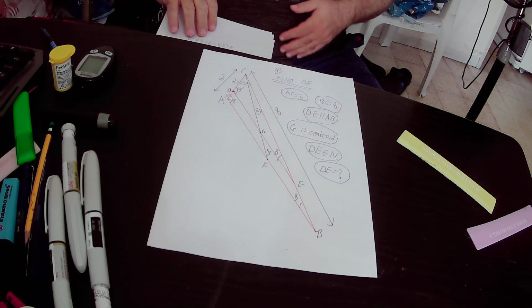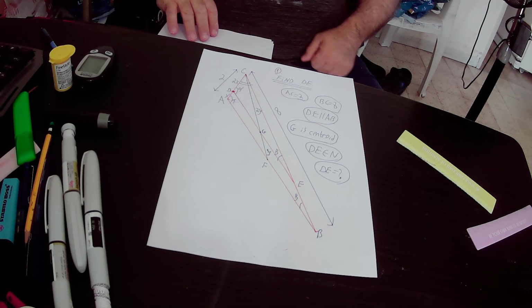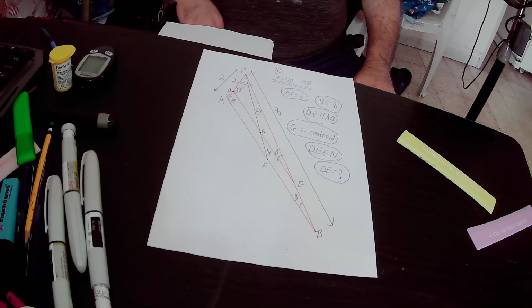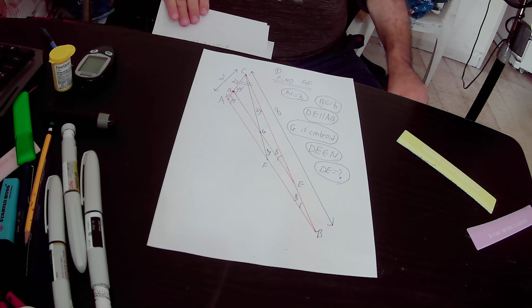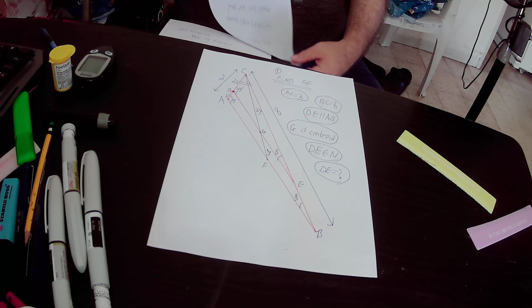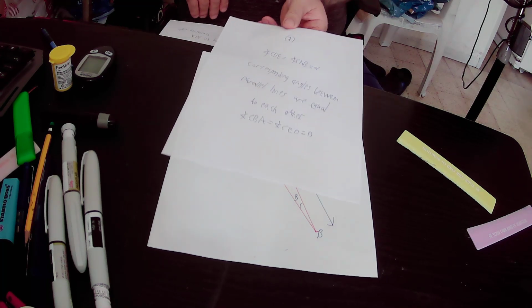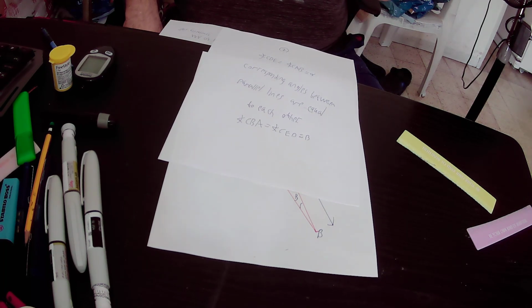And we also have the rule that states that corresponding angles between parallel lines are equal to each other.